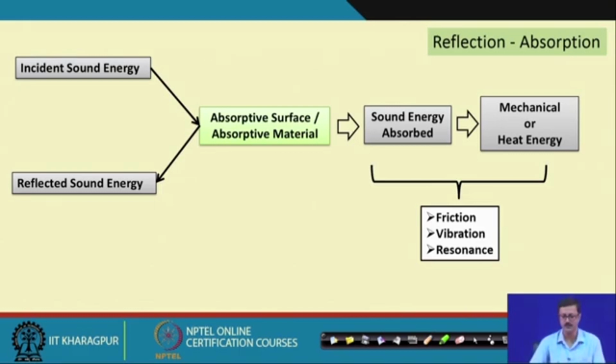From that point of view, there are three classifications of sound absorptive material. One is called the frictional absorber, one is called the vibrating absorber, and another is called the resonating kind of absorber.